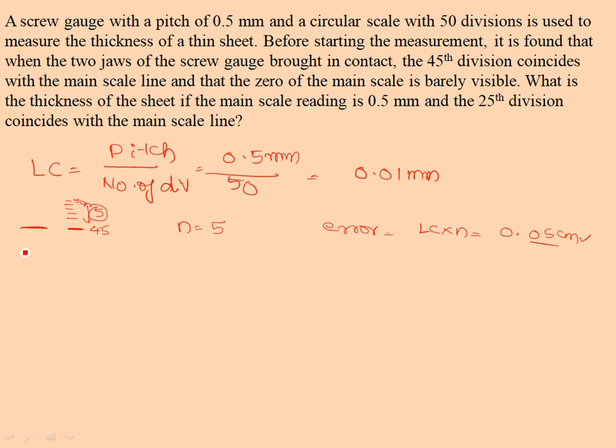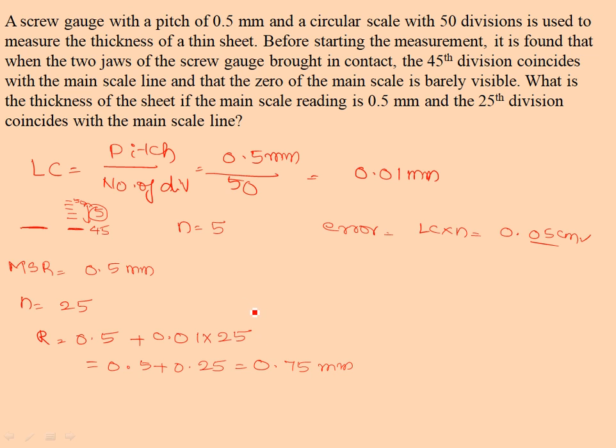Now when the object is placed, the main scale reading is given as 0.5 mm and the coinciding division is 25. So the reading will be 0.5 plus least count 0.01 into number of divisions 25, that is 0.5 plus 0.25, which is 0.75 mm.